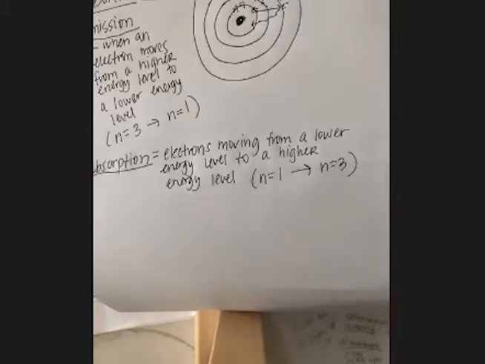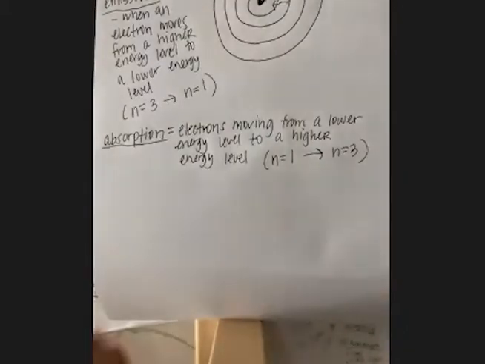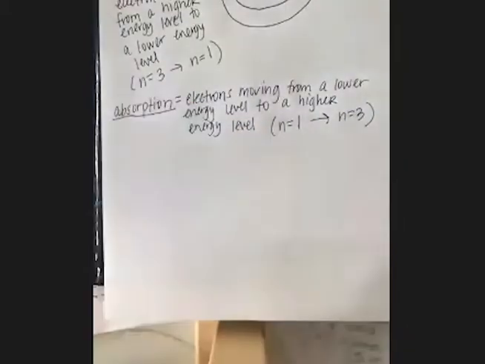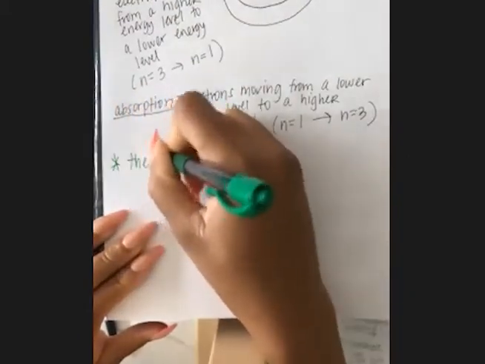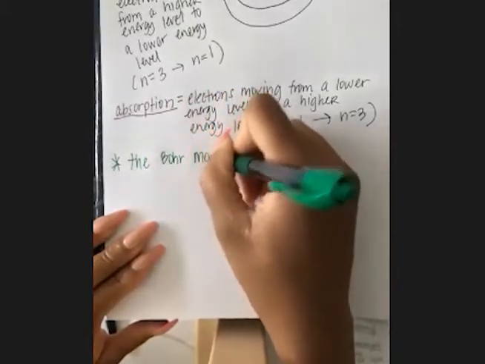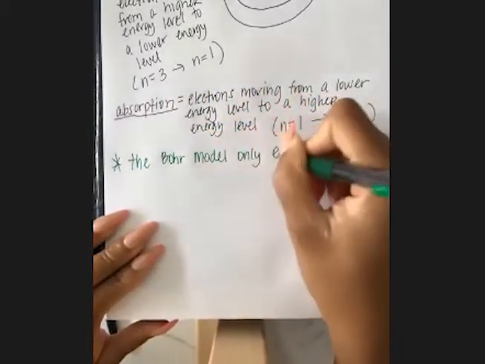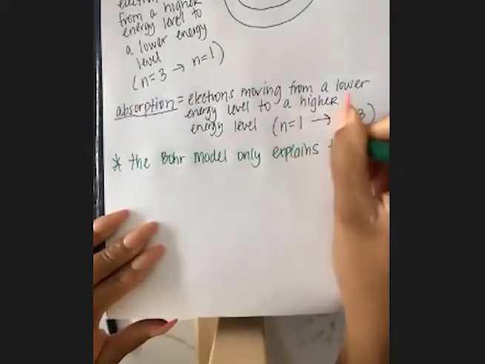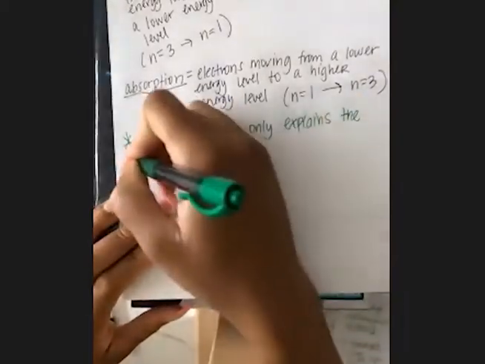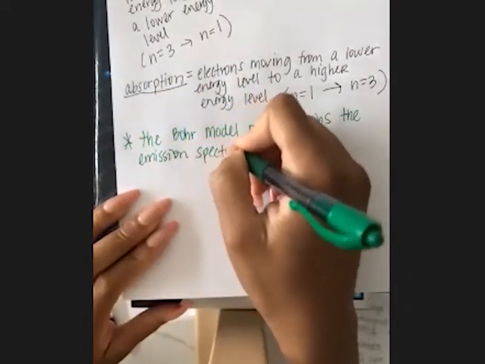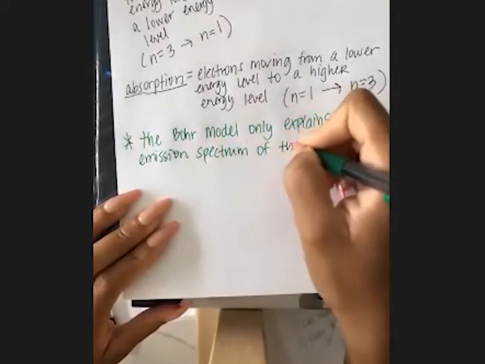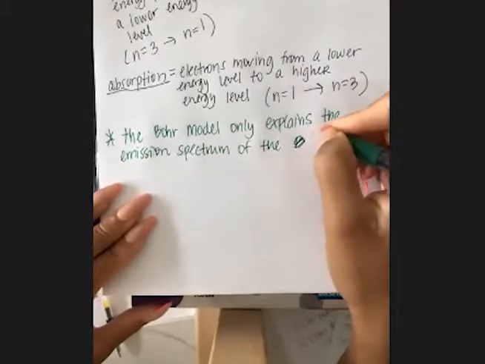Now, the Bohr model sounds good, but it only sounds good because it only explains the hydrogen atom. So the issue with the Bohr model is that it only explains the emission spectrum of the hydrogen atom.